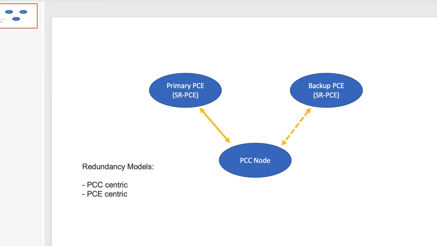So the recommended redundancy mode for SR PCE is the PCC centric. That means we want to have the redundancy mode from the PCC point of view and not from the PCE point of view. And why is that?